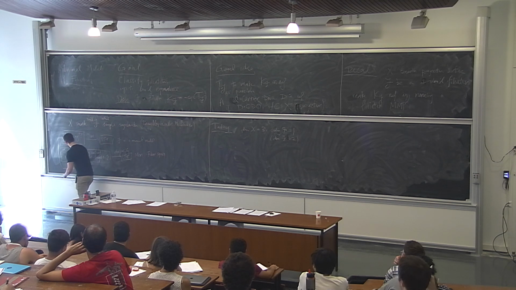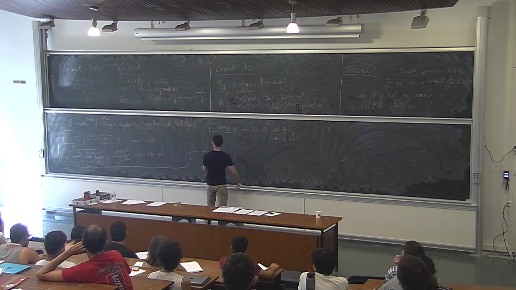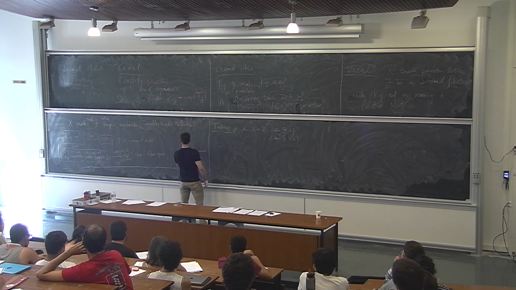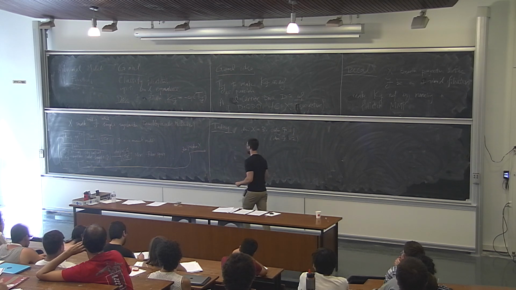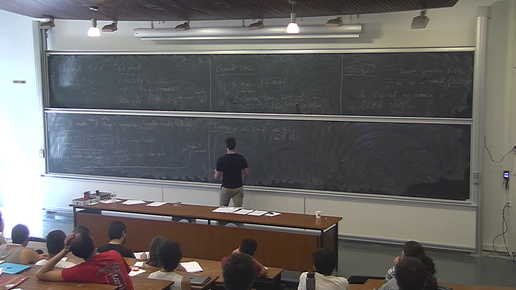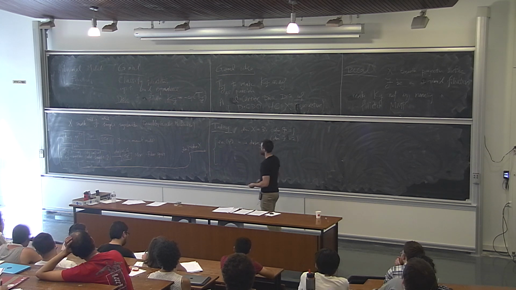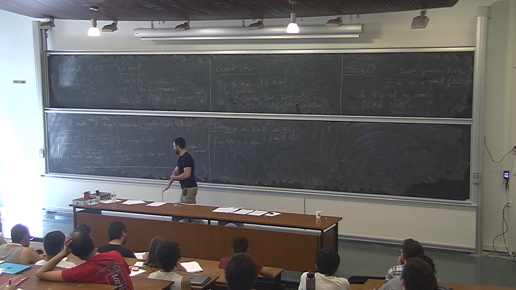But if the dimension of Y is equal to the dimension of X, we have this new possibility. So there are two cases. Either the exceptional locus of phi is a divisor, in which case we're either contracting a divisor down to a point, or maybe we're contracting a divisor down to a curve.